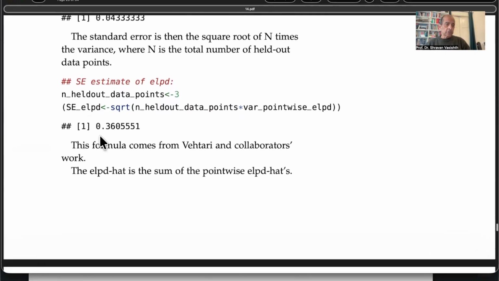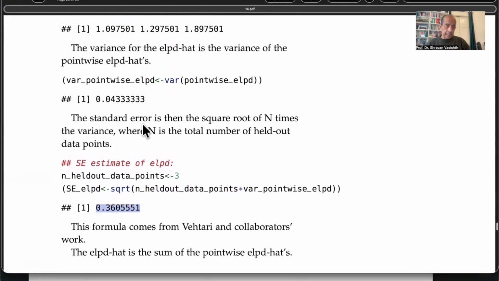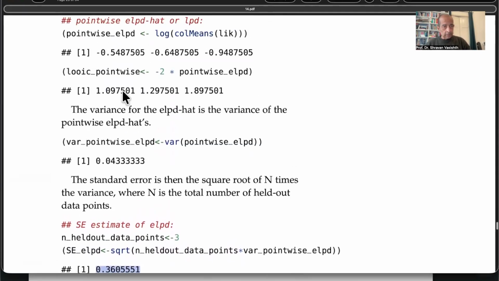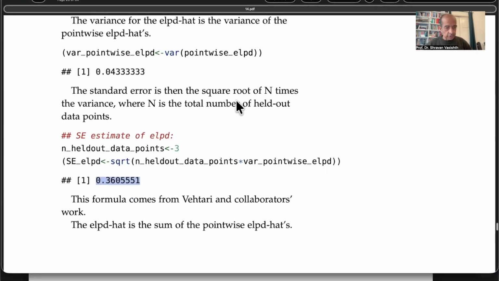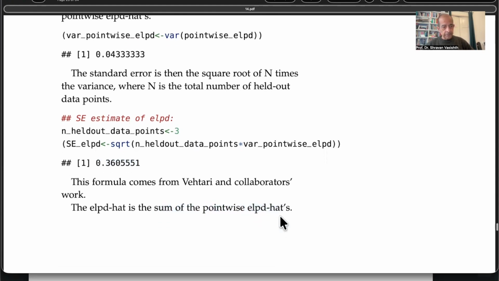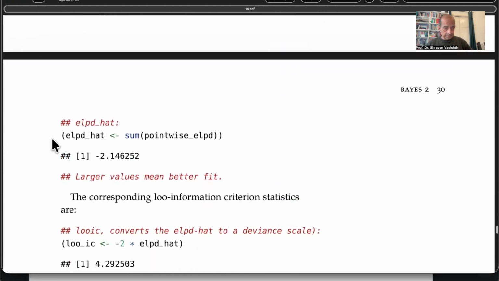Now we know the standard error and we know the pointwise ELPD hats. To get the ELPD hat, we sum up all the pointwise ELPD hats, and then I just computed the standard error.